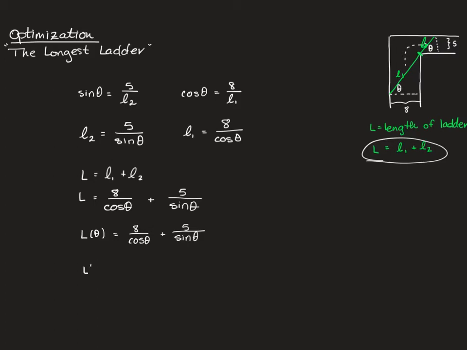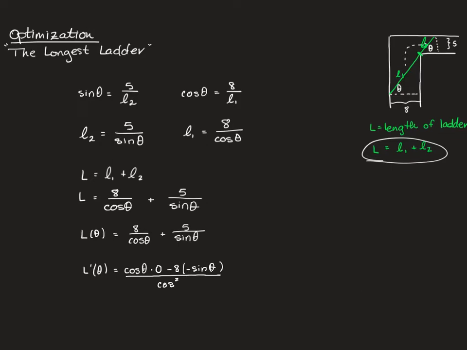In this case, I'm going to use the quotient rule, but I'd like to argue you could do it either way. The quotient rule says that the derivative of 8 over cosine is cosine times the derivative of 8, a constant, minus 8 times the derivative of cosine, which is negative sine, all over the square of the denominator.